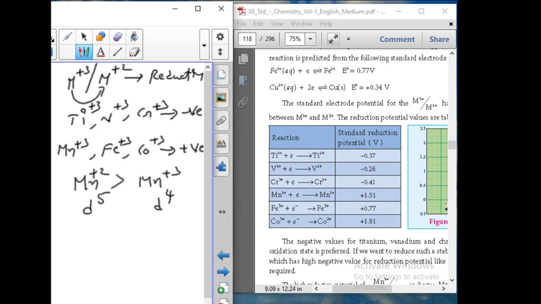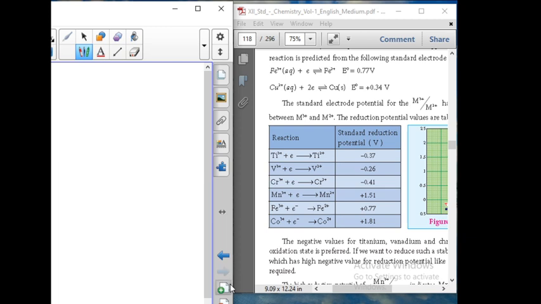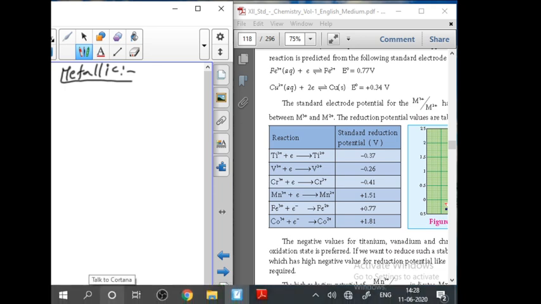Now the next one is metallic property. Generally all d block elements are paramagnetic.